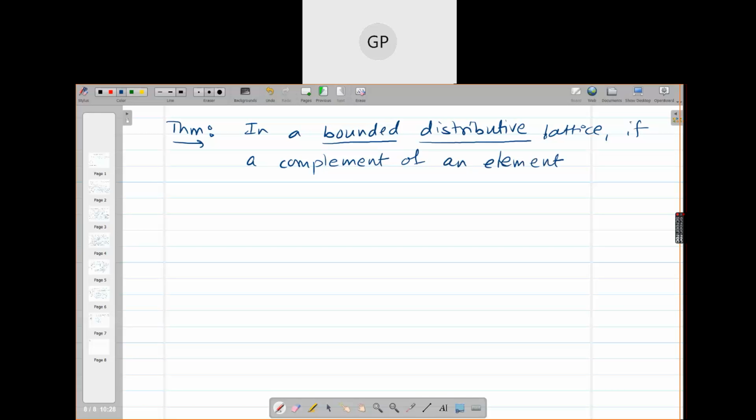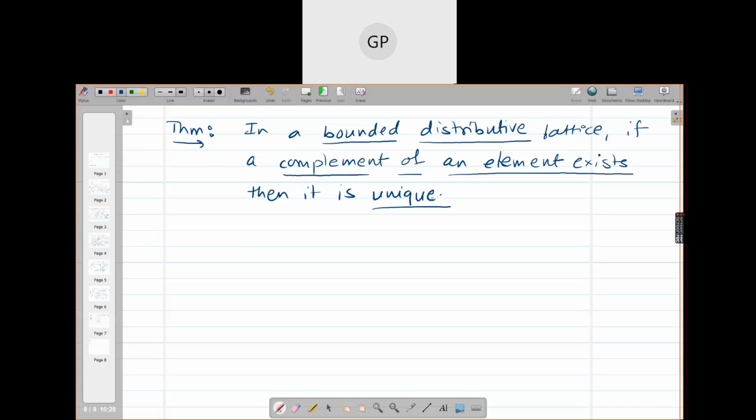We are saying that if it exists, because we have seen some examples in the past where there were no complements, then it is unique. So please understand these conditions. The lattice should be bounded and distributive, and if the complement exists, then it is unique. Existence of the complement of an element in a bounded distributive lattice implies its uniqueness.